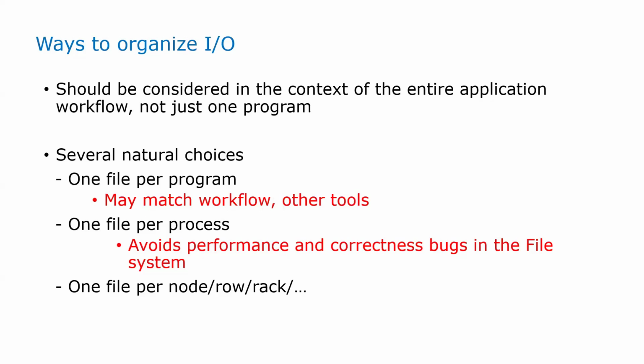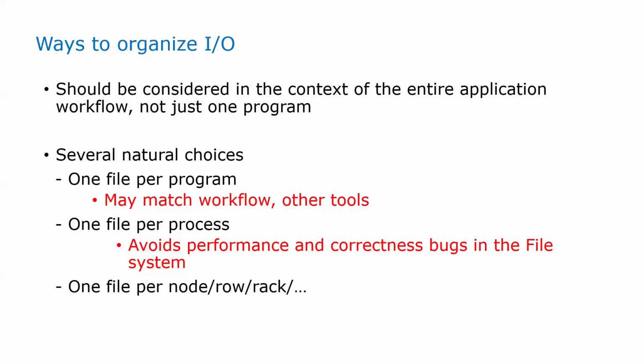There are several natural choices. Certainly one is one file per program, which I think is the dominant one right now. Then we may think about how to match the workflow, use some other tools, or use high-level libraries.